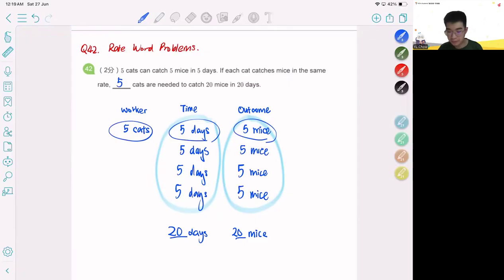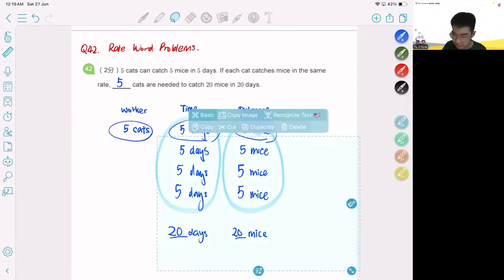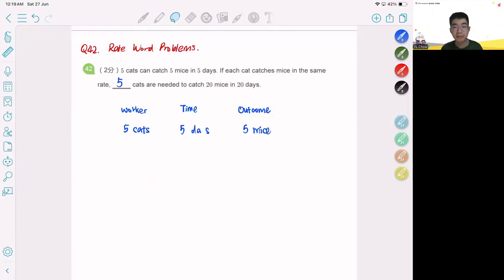In fact, in a rate word problem, the key point is whenever you manipulate one of the time or the worker, the outcome will change accordingly, right? So let's say I double the time taken without changing the workers, then of course, if I have the same worker, I give double the time, the outcome will also be double.